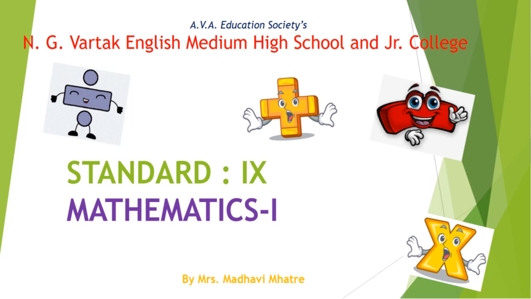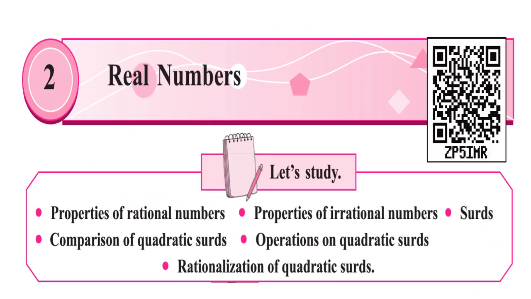Now let us start with our second chapter, real numbers. In the previous two lectures we have discussed rational numbers. In that we have discussed the properties of rational numbers. Then we have seen how to express rational numbers in decimal form, and that decimal form can be of two types: either terminating or non-terminating recurring.